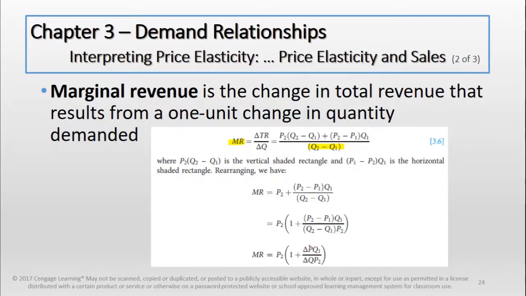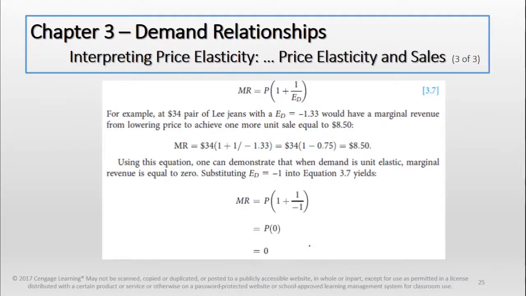So, that's it. With that, you have here the ratio term, which is the inverse of the price elasticity at the price point P2 using quantity Q1.